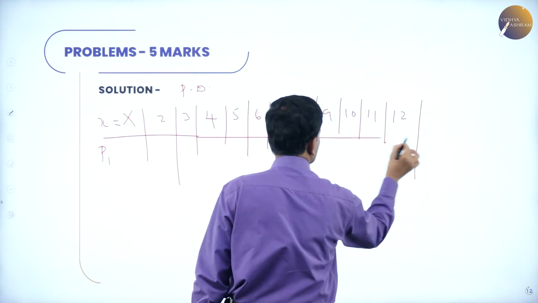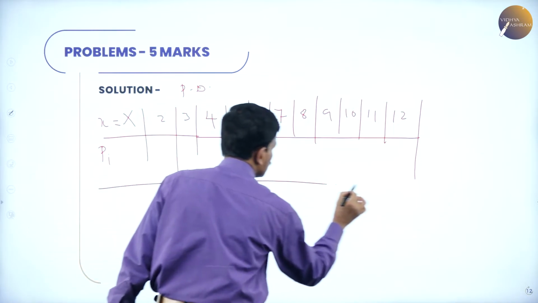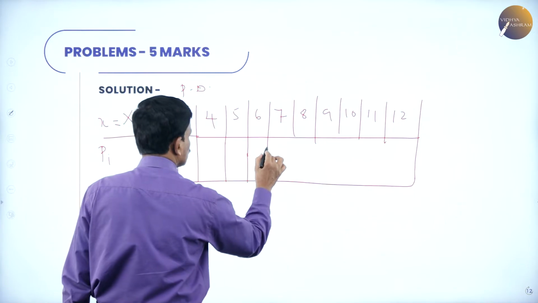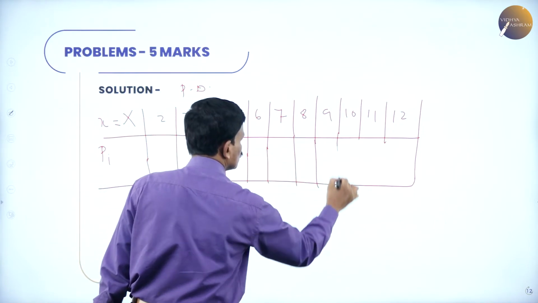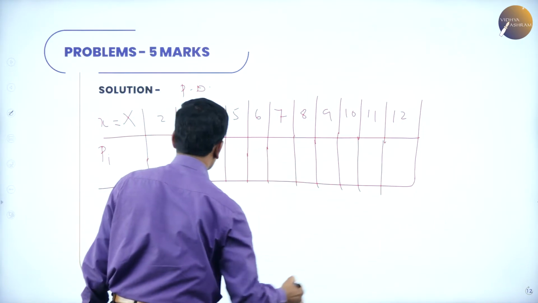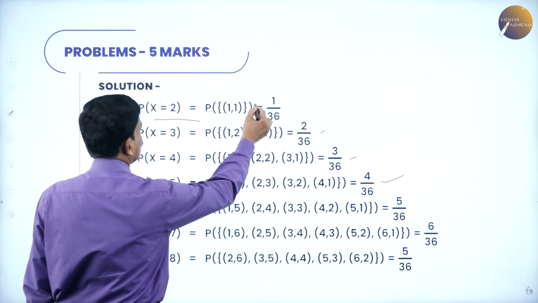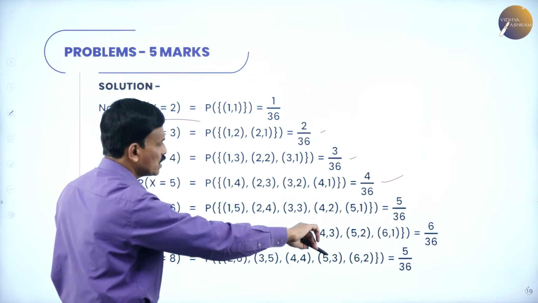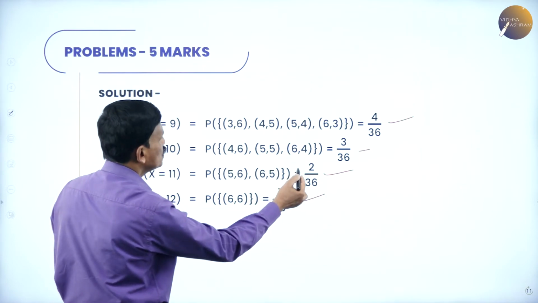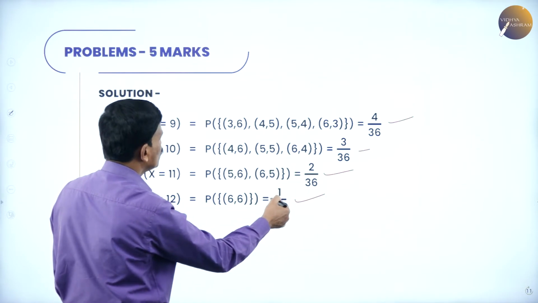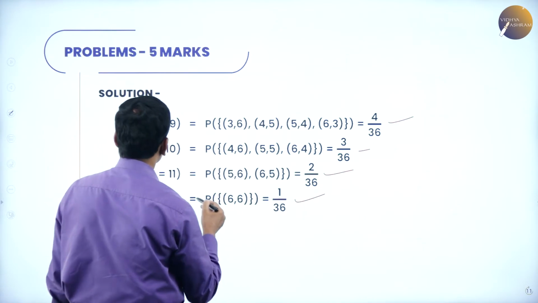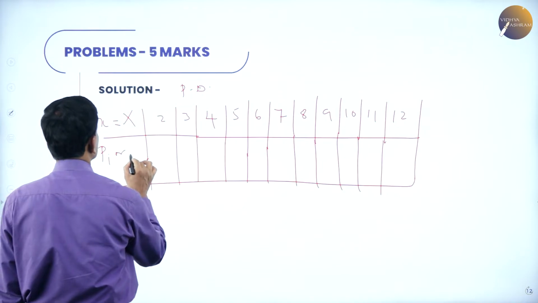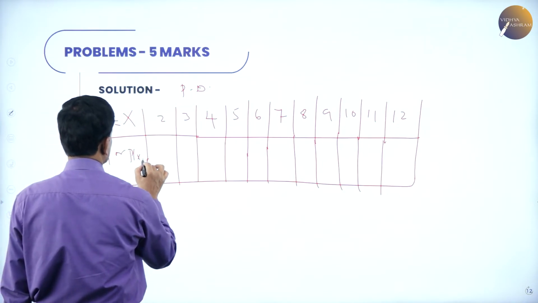So what are the values we got here? From the beginning we have 1, 2, 3, 4, 5, 6 by 36. Again in the reverse order, 5, 4, 3, 2 and 1. So first it is 1. This is P of xi.